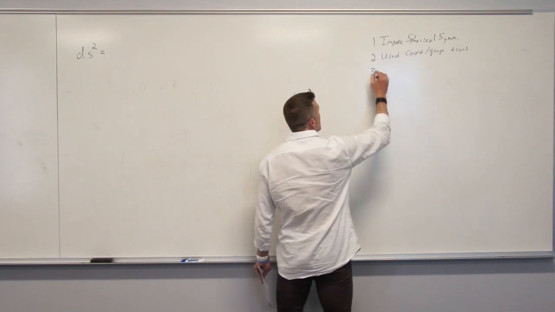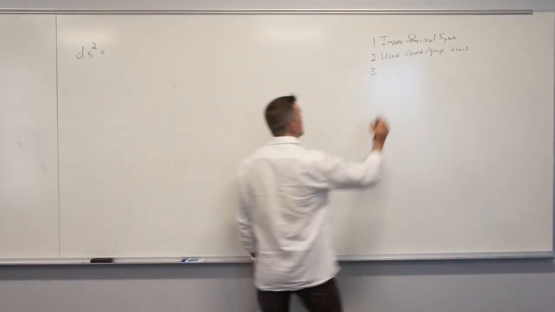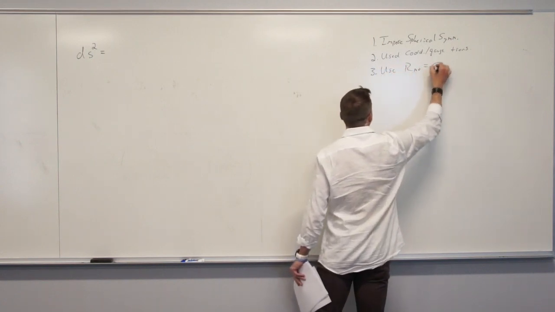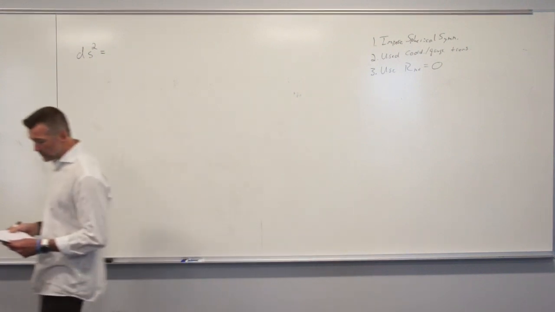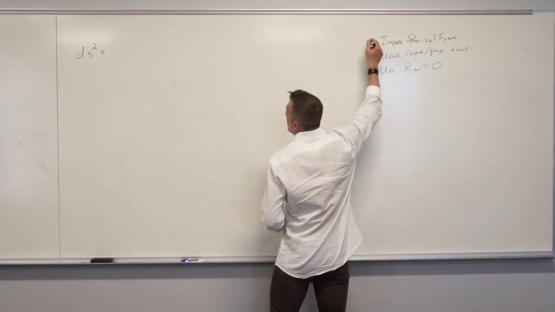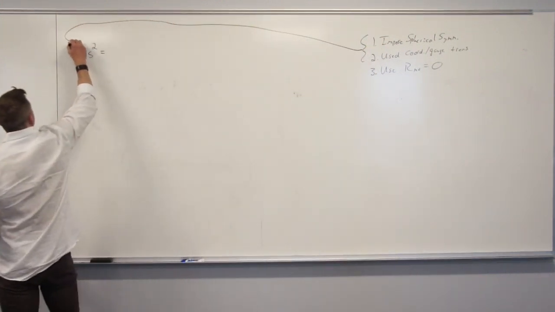And then the final step, which is what we're going to do today, is actually use Einstein's equation, which in trace reverse form with vanishing source is just R mu nu equals 0. So where we got to at the end of all of this is the following form.